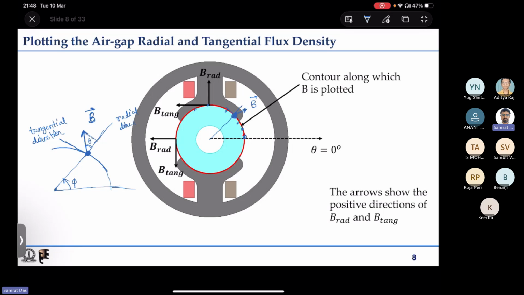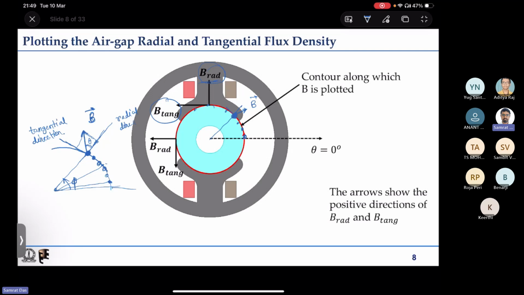So we can calculate this radial component as B cos theta, and this tangential component as B sin theta. That we can do for all these points where phi goes on changing. First we'll have some phi very close to 0, then another point. Like this we will move on this air gap circle and we will plot these two quantities, B radial and B tangential. So let us do that.